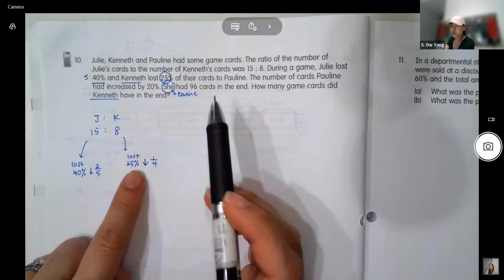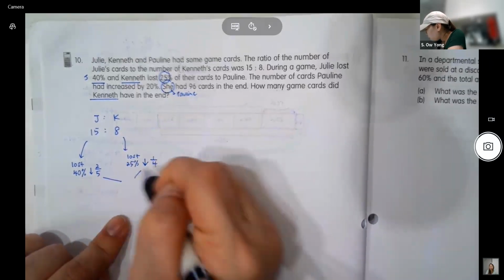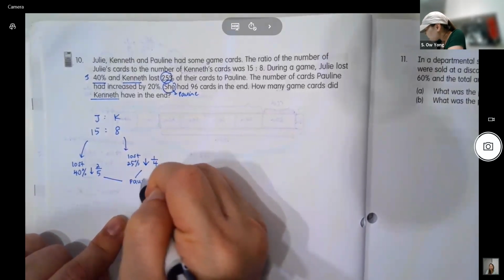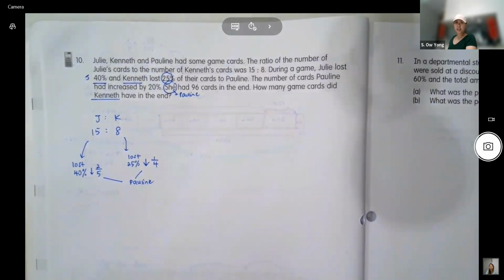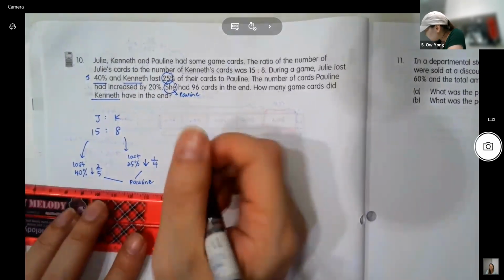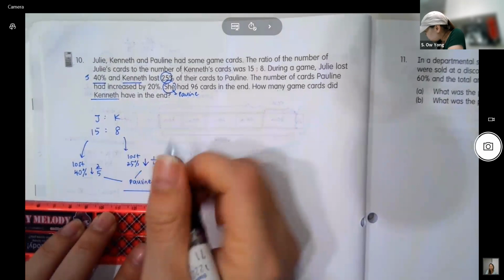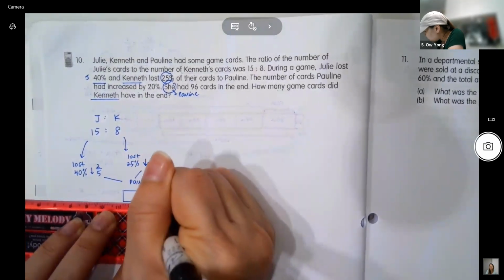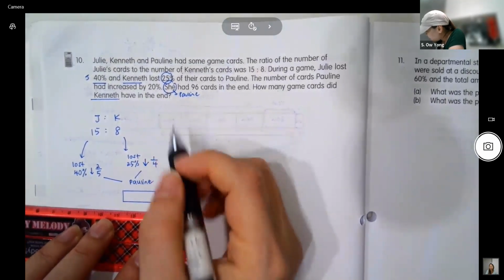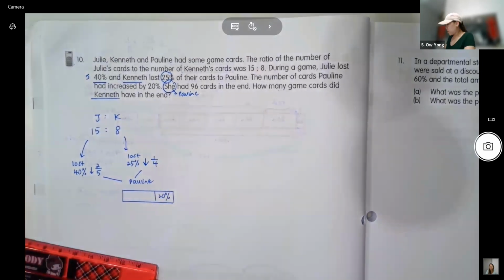Okay, they all lost to who? They all lost to Pauline. And because of that, now Pauline increased by 20%. Originally, Pauline only got 100%.